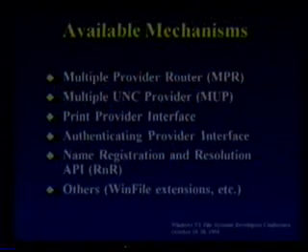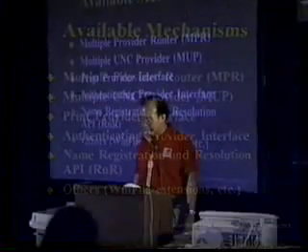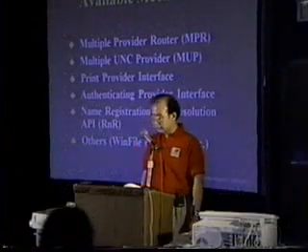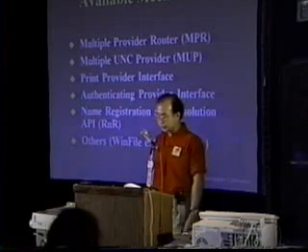And we have the multiple UNC provider, or MUP. This gives you a universal naming convention for accessing files and directories across the network. And we have the print provider interface, which gives you remote access to printers of different networks from your desktop. The authenticating provider interface is the one that gives you the single login capability.